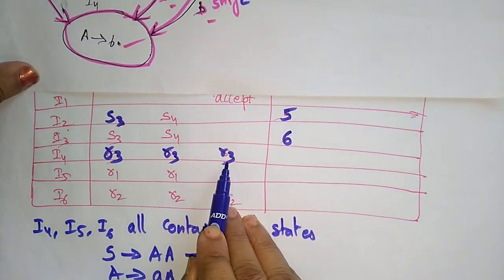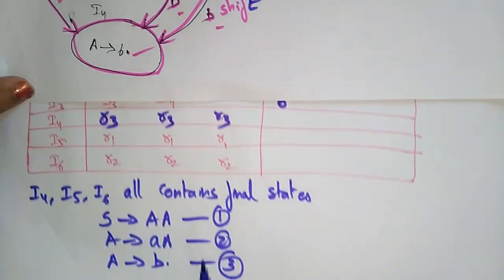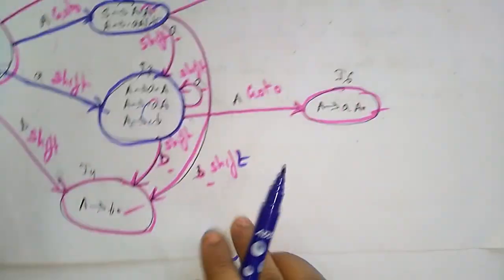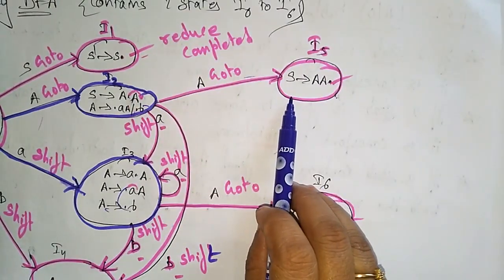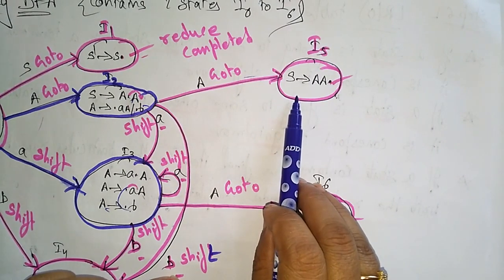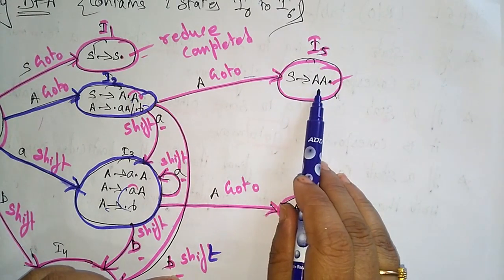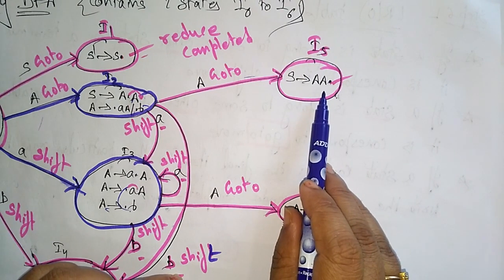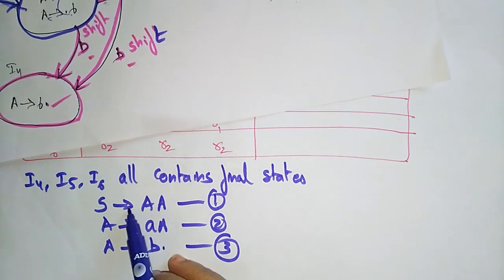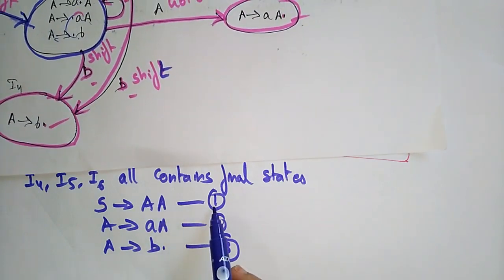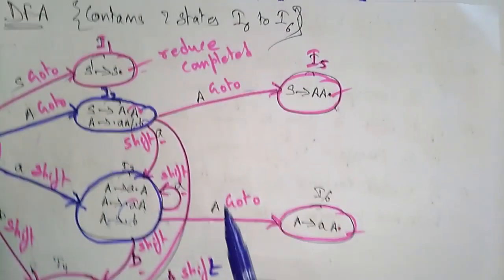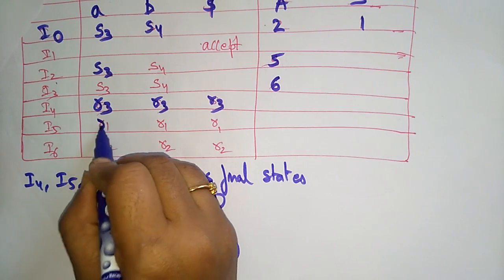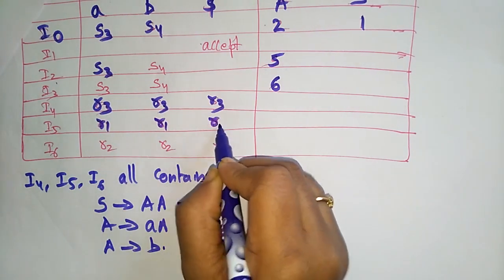So write R3 on the entire I4. Now I5. I5 contains the final item S determines AA dot, and that production corresponds to production number 1. S determines AA is production number 1, so write it as R1 on the entire row.